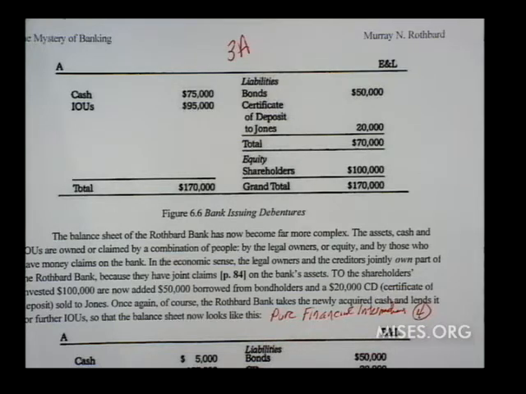CDs are more or less short-term debt, bonds are longer-term debt, and so they get an additional $70,000 of assets, so that the bank's assets on the left side increase, and on the right side they now have liabilities, debts they owe to other owners who have contributed cash to the business. Once again, the sale of bonds and certificates of deposit in exchange for cash has no effect on the money supply.